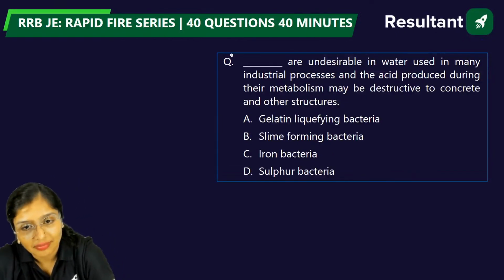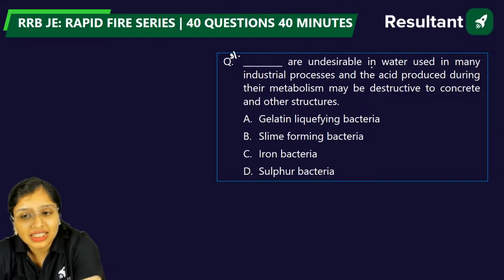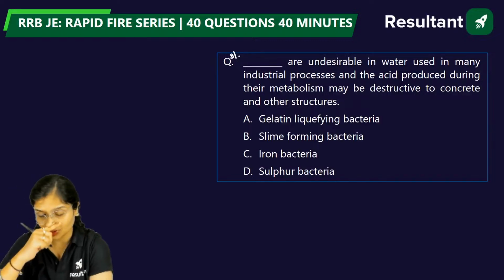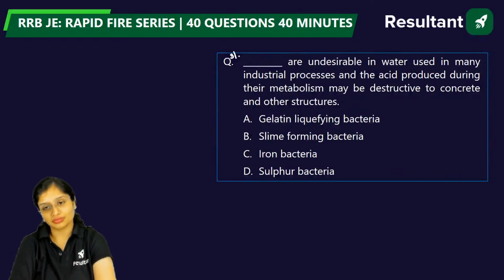Now question number 31. Dash are undesirable in water used in many industrial processes, and the acid produced during their metabolism may be destructive to concrete and other structures. Which type of bacteria? The bacteria which is undesirable, that is sulfur bacteria. Let us suppose you are using water for construction of structures and for curing purposes which has sulfur bacteria in it.